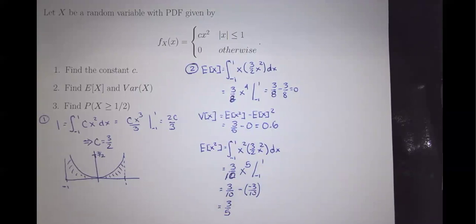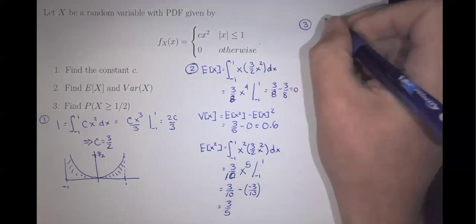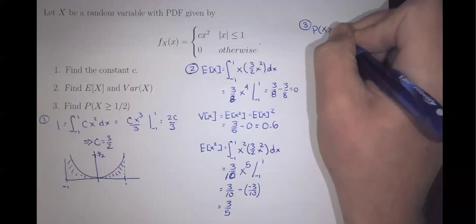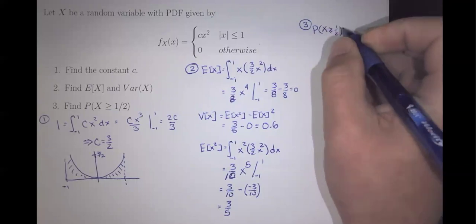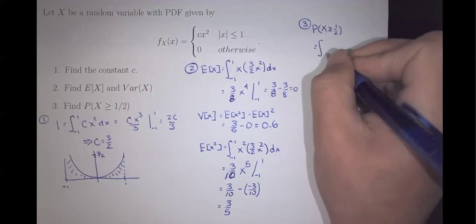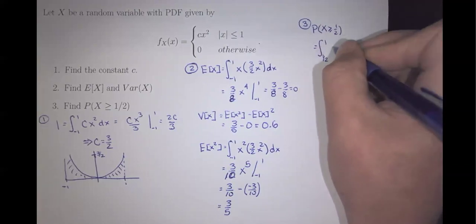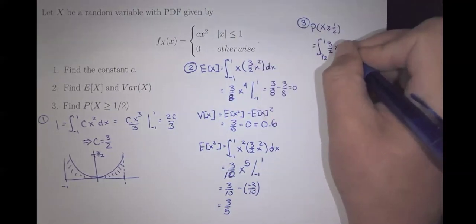Okay, last part. The probability that x is greater than 1/2 is going to be equal to the integral from 1/2 to 1 of our function here, 3/2 x squared.